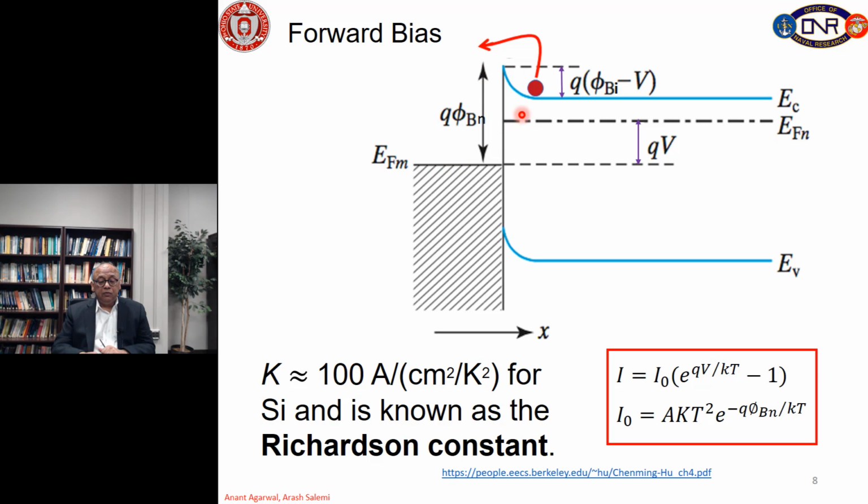That thermionic emission over the barrier theory has been developed, and if we derive the current equation, it is given by I equals I0 times e to the power qV over kT minus 1.